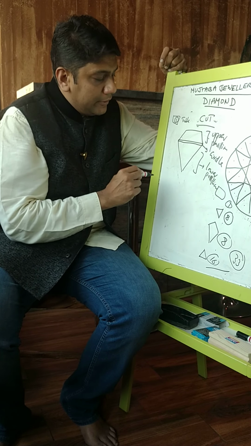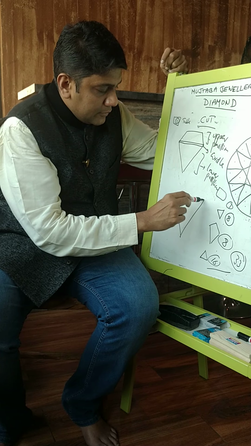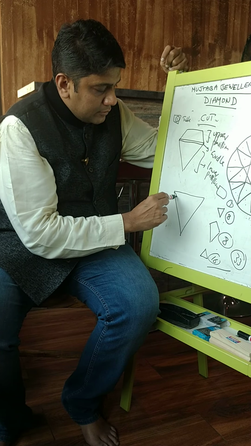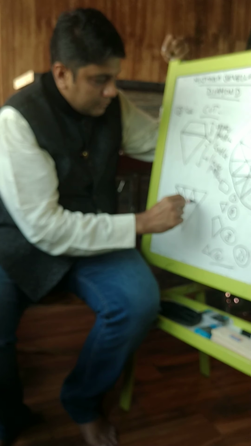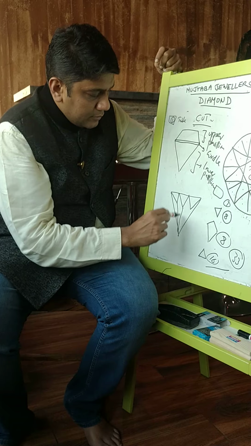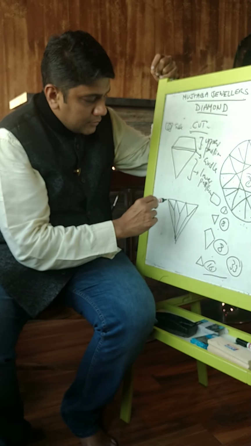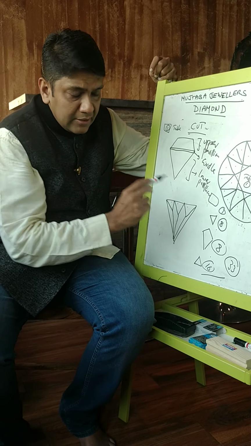So in the lower pavilion, you can find 1, 2, 3. This is all around the diamond.